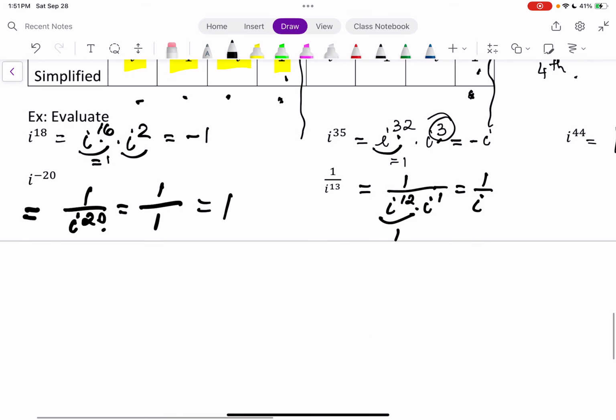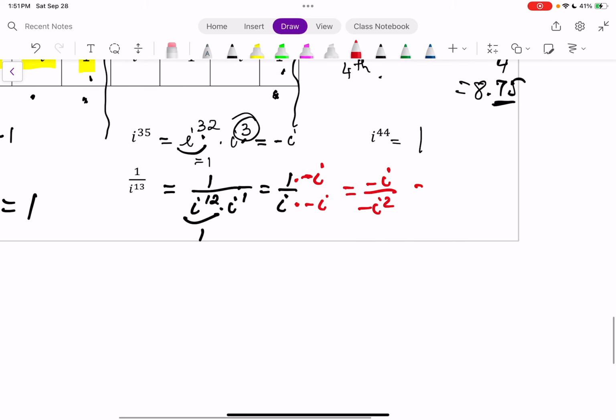To take 1 and divide it by i, since i is a complex number, I'm multiplying top and bottom by its complex conjugate. So I'm going to get a negative i, and i squared is a negative 1 times the negative at the front, that makes it a positive 1. So that's a negative i.